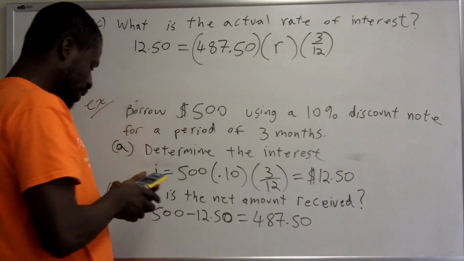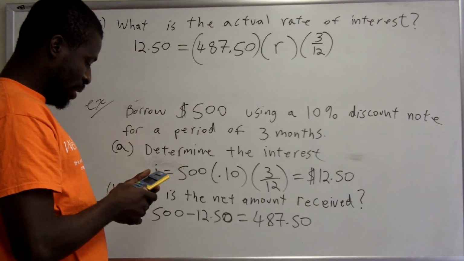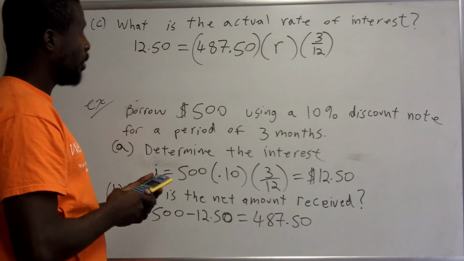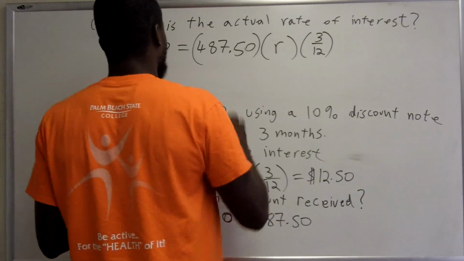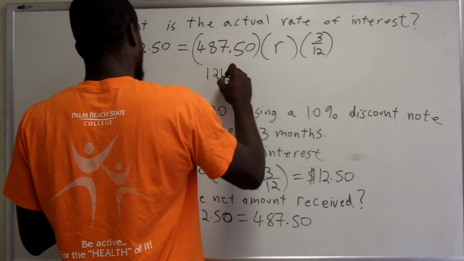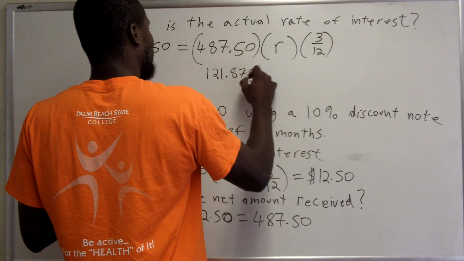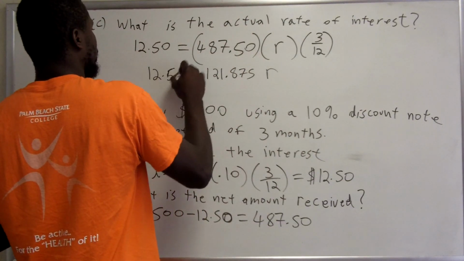So the actual rate of interest, let's see. So we have this $487.50, and we're multiplying it by 3/12. And then here on the right-hand side, I get $121.875 R, which is equal to $12.50.